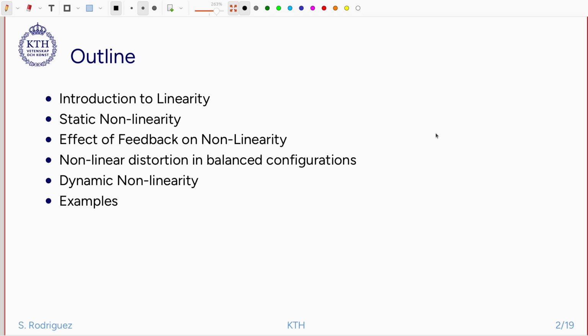Then we're going to talk about the nonlinear performance of the different configurations that we have studied. In particular, we are going to touch on what happens when we have balanced configurations or differential pairs. Then I'm going to talk about dynamic nonlinearity and show some examples.